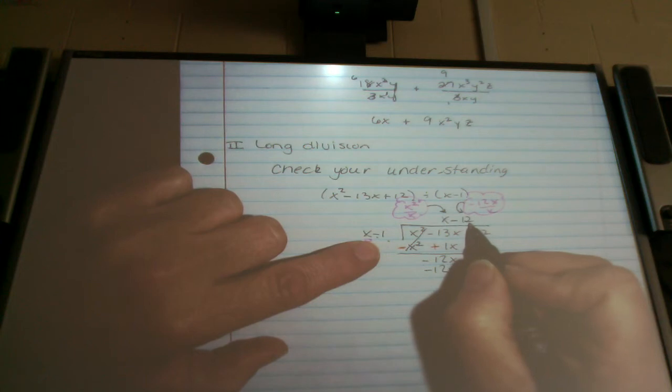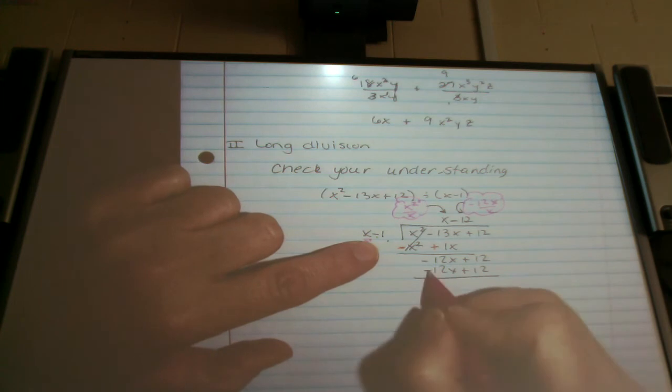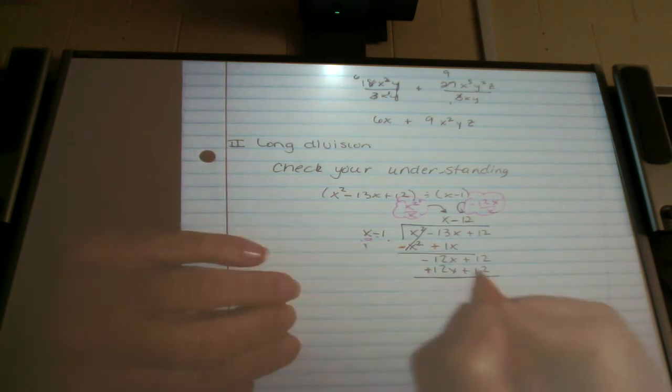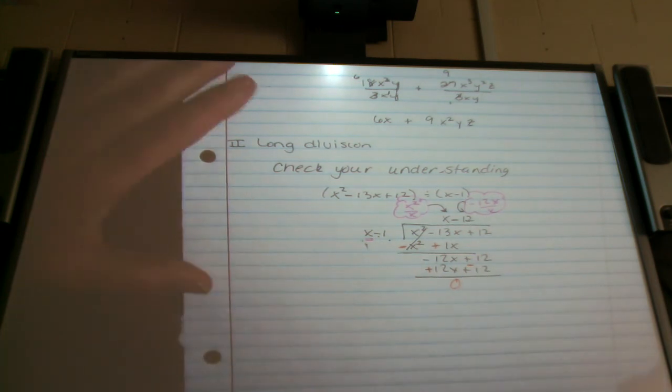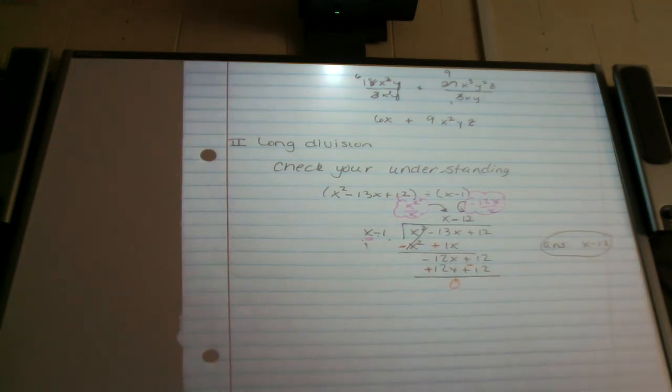Negative 1 times negative 12 is a positive 12. Change the signs and add straight down, we get 0. So our answer is x minus 12.